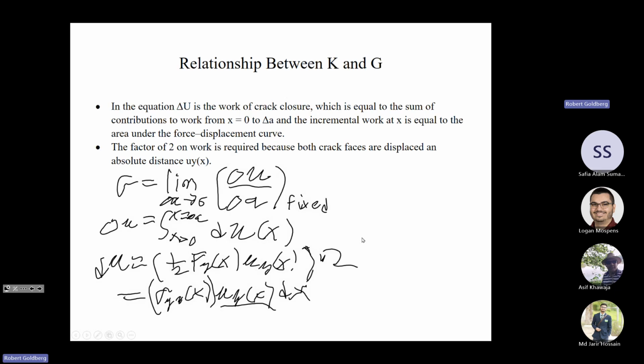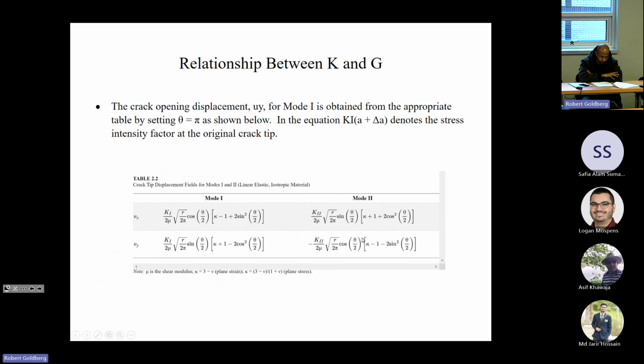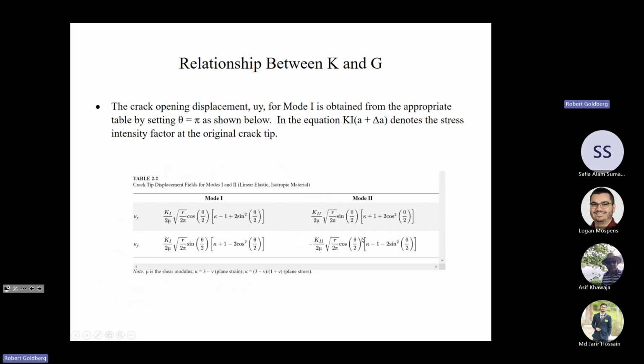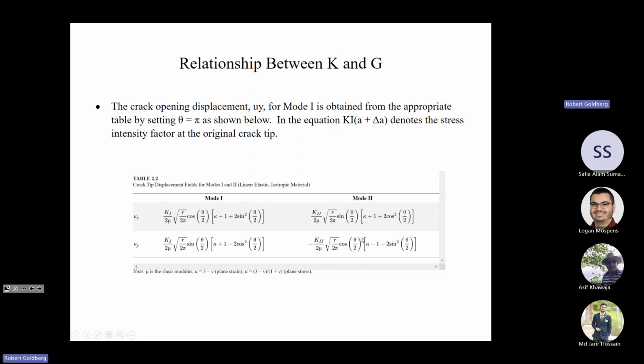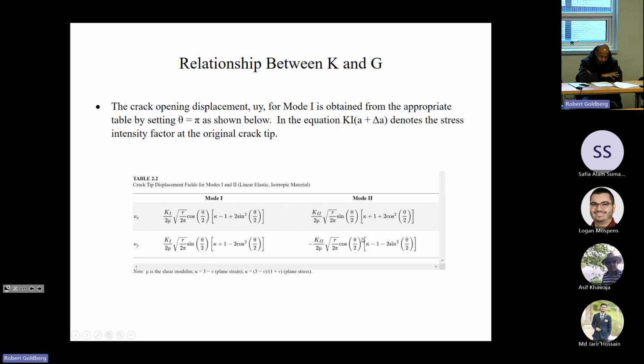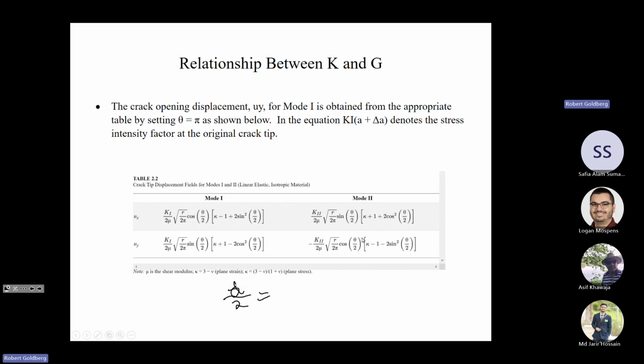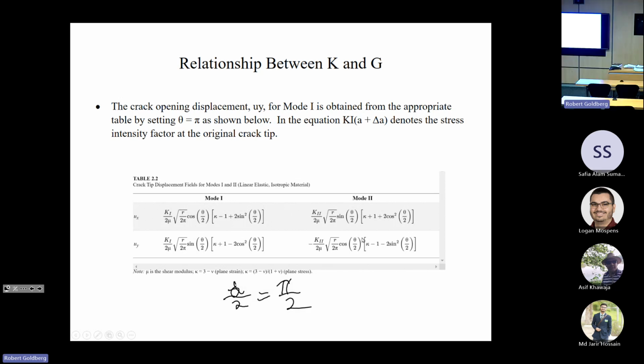Now, for this use of y, we can go to our table for the case of mode 1 loading, and we look at uy for theta equals pi. Well, that means theta over 2 is equal to pi over 2.